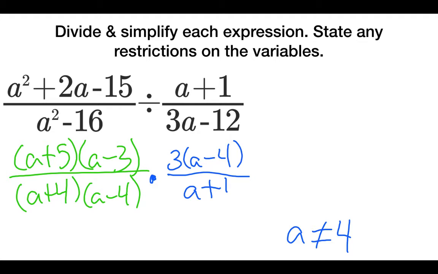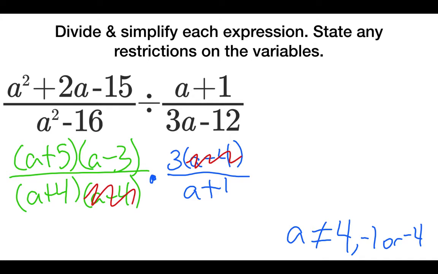So let's start canceling things out. A minus 4, a minus 4, and that looks like it. So on the top, if you look, oh, I didn't actually talk about my other possible values. So if you look, now that we have this on the bottom, a also cannot equal negative 1, and because of a plus 4, or negative 4. So there we go. Those are my different possible answers.